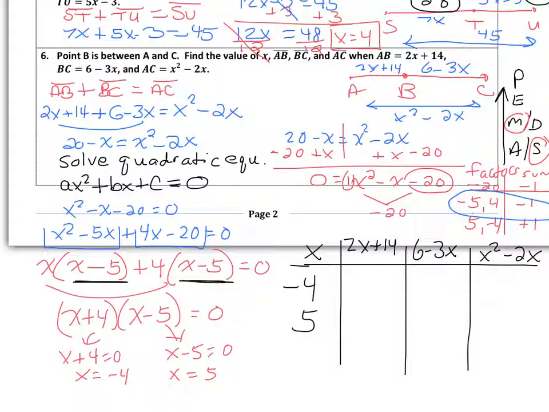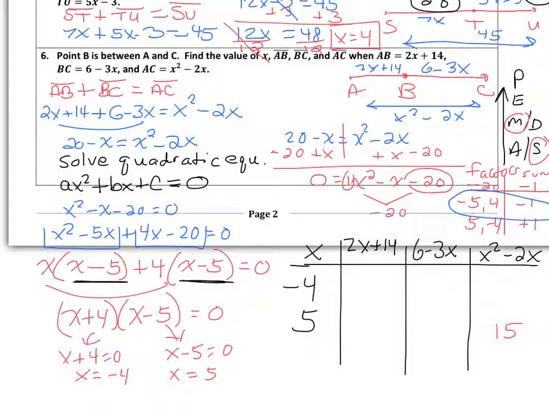So we started out with 5 being squared here. That's 25, and minus 2 times that would be 25 minus 10. So we would end up with 15 here for the whole length. Now if I have 6 minus 3 times 5, that's 6 minus 15.